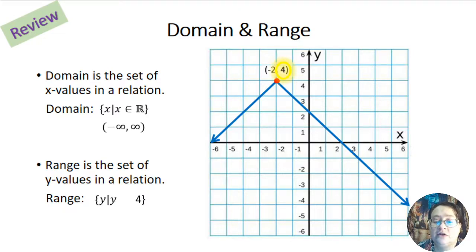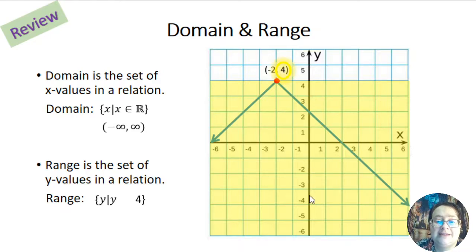And from here, I look at the vertex and see what direction I'm going. So from the vertex, this function goes down. So the y values can be anything less than 4. But it can also be equal to 4, so I write less than or equal to in between y and 4. In my interval notation, I do my smallest value to my highest value, and my smallest value, well, y keeps on going down to -infinity. So -infinity will be first, and 4 will be second.